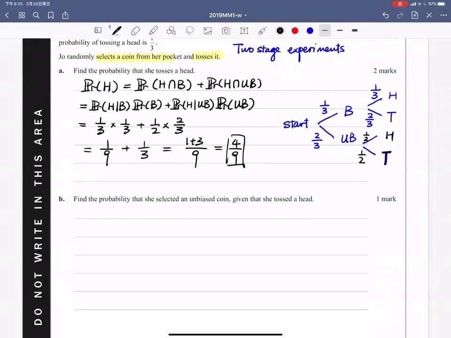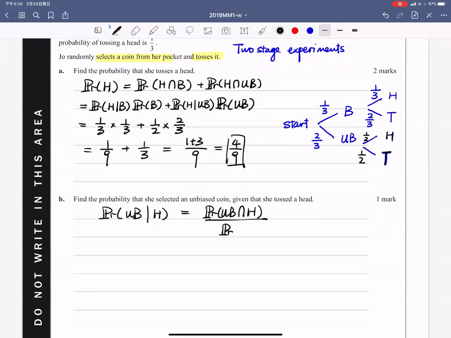Now, we want to find the probability that she selected an unbiased coin given that she tossed a head. So, I want the probability of getting an unbiased UB given that H. This will be re-expressed as UB intersecting H divided by probability of getting a head.